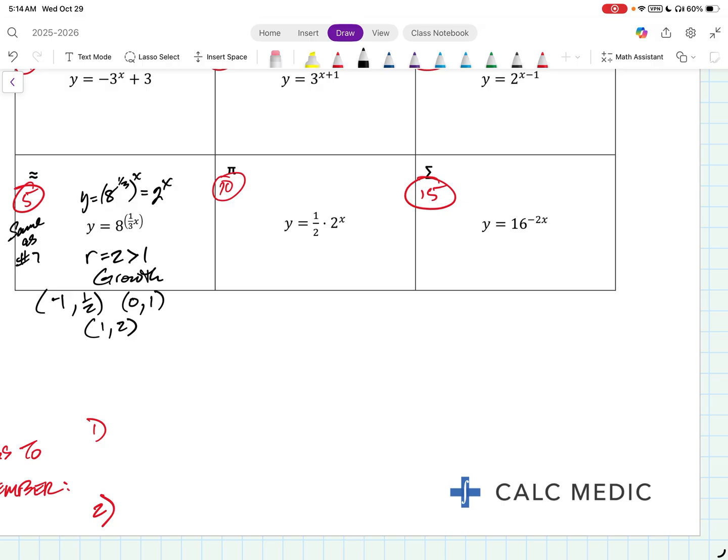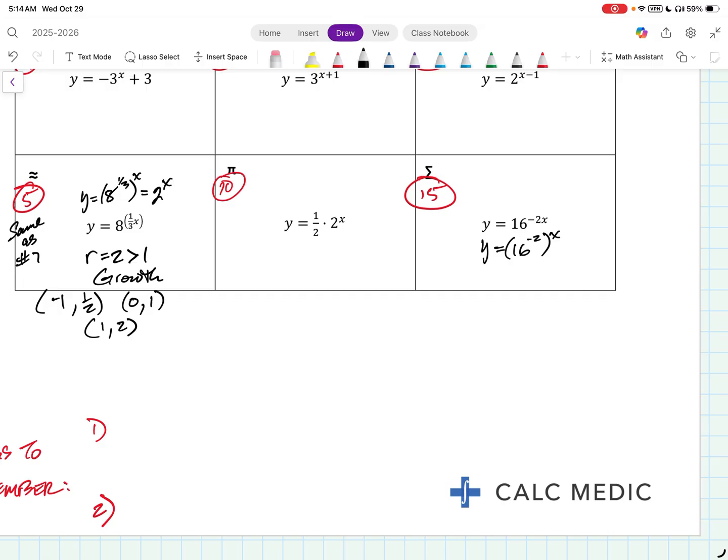Again, it looks like a growth function, but we got a negative exponent, so we have to be very careful here. We're going to rewrite this one. So y is equal to 16 to the -2 power raised to the x power. Gotta be careful.